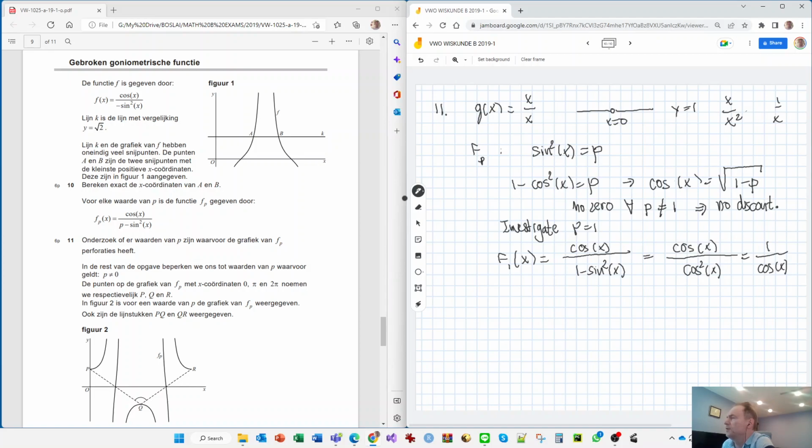That's probably the proper way to say it. So this function has no discontinuity. So we have shown then that for every p there is no discontinuity.